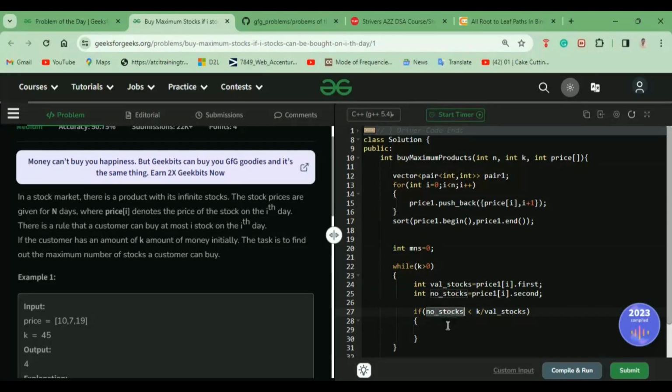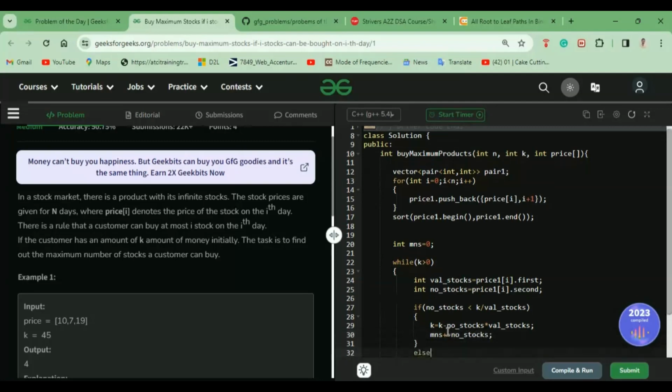So if it's lesser, we will just reduce k by the number of stocks times our value of stocks. This buys all the stocks that we can buy because the value is lesser, and we will increment our MN, meaning maximum number of stocks, by the number of stocks.